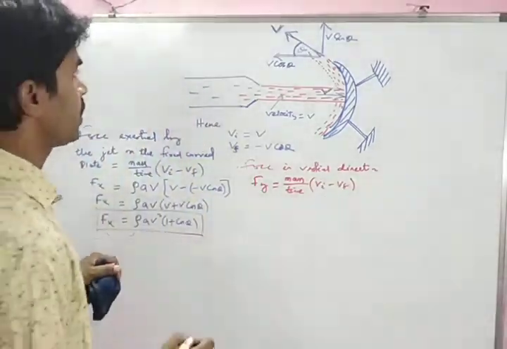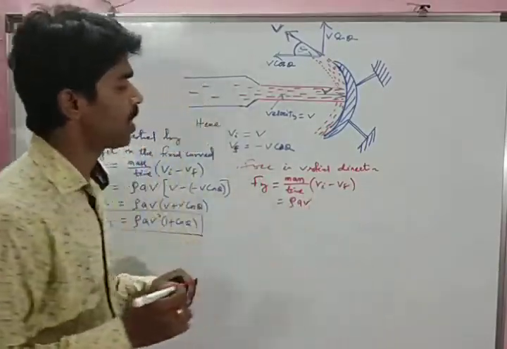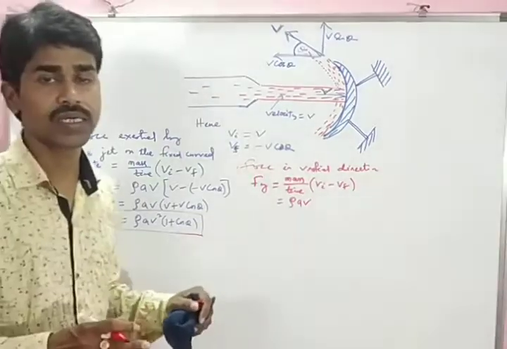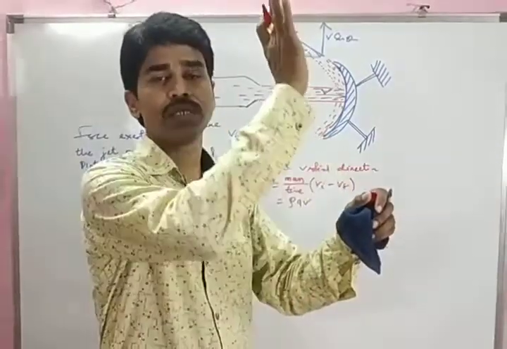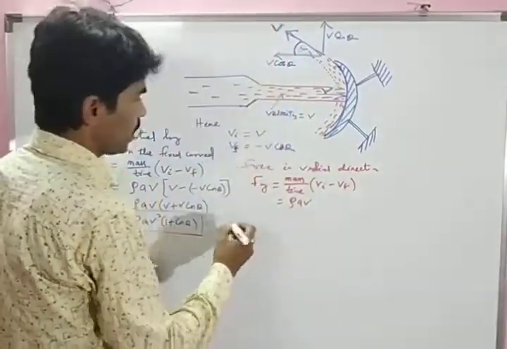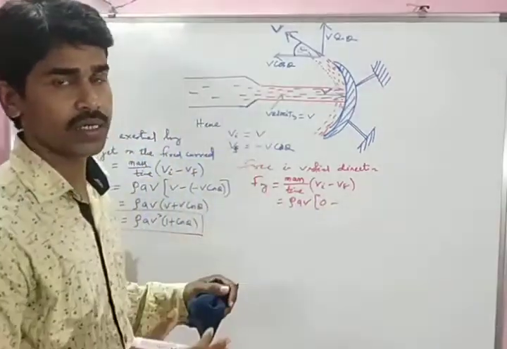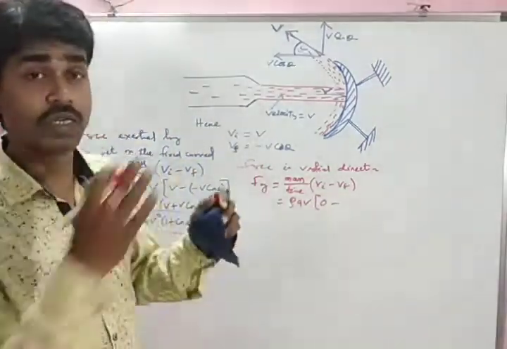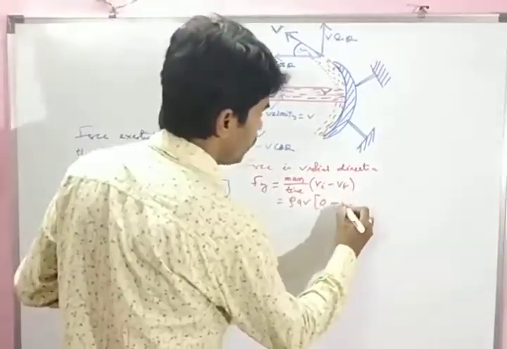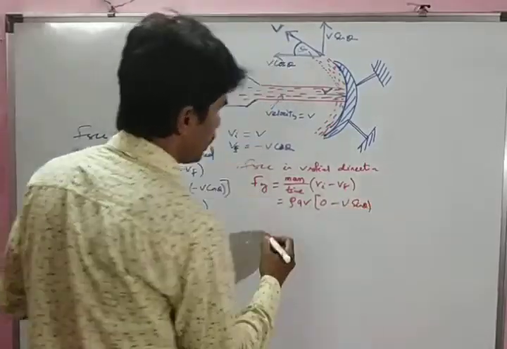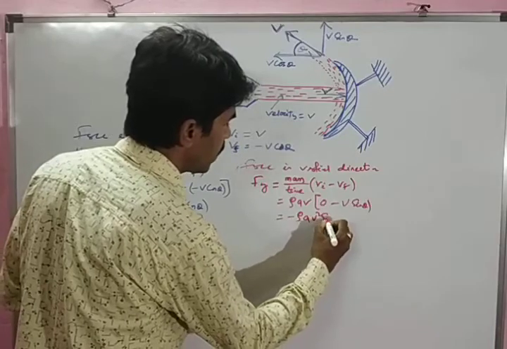Mass by time is rho a v, the initial velocity in the vertical direction is 0, minus the final velocity in the vertical direction, v sin theta. So Fy is equal to minus rho a v square sin theta.